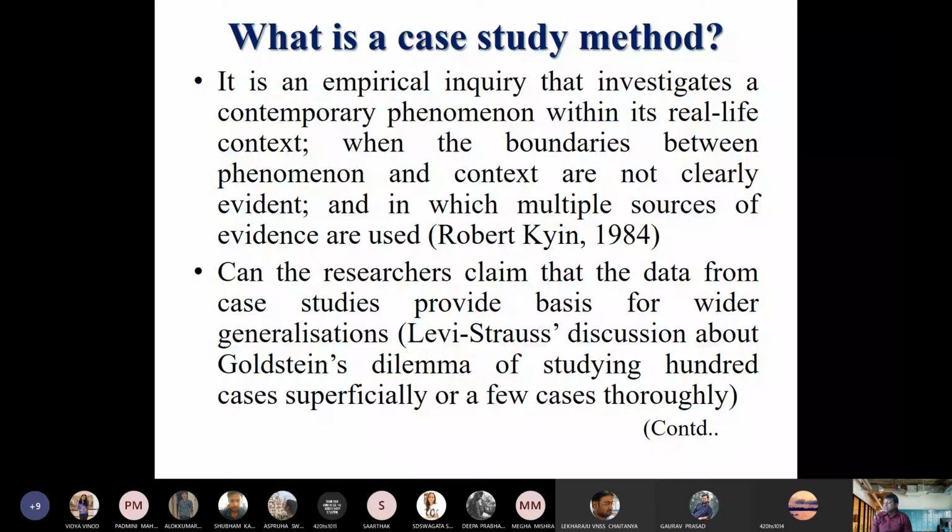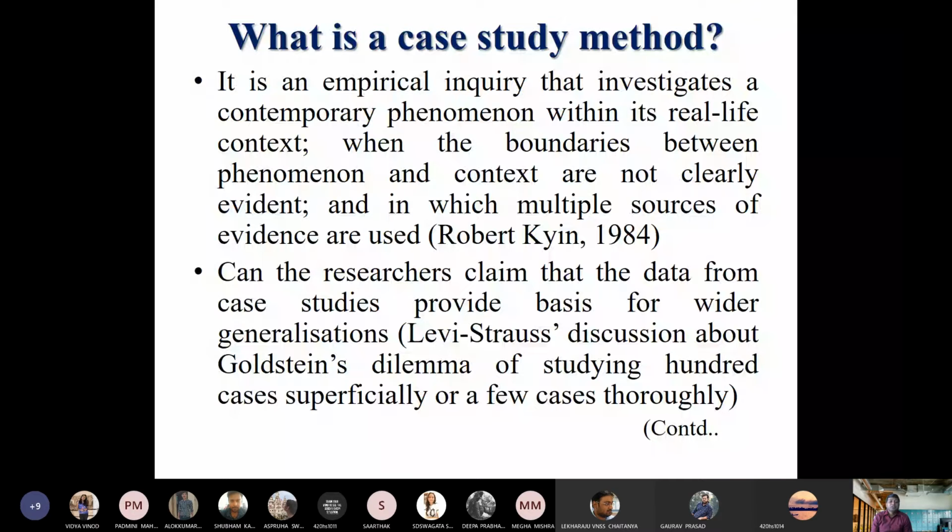So there is huge apprehension whether the data we collected, or the writing we write on the basis of case studies, can we generalize this?